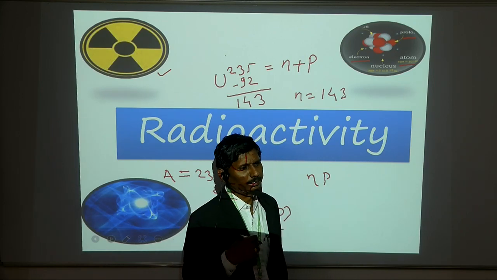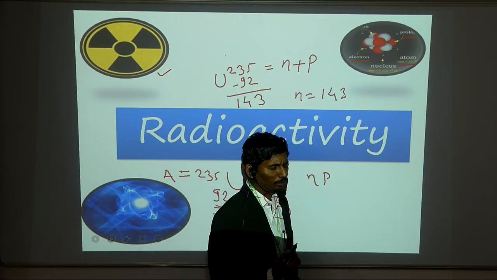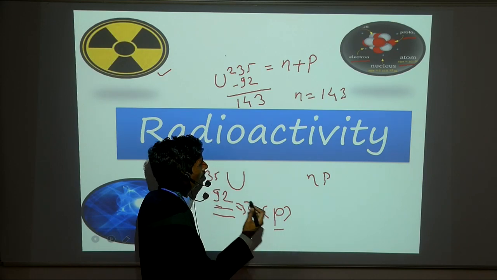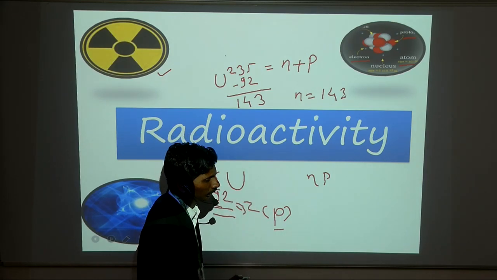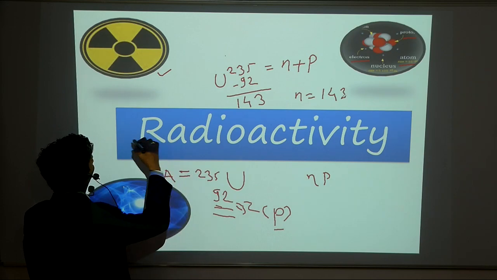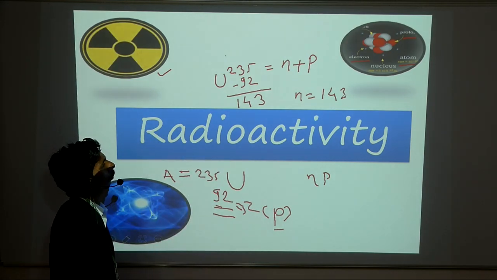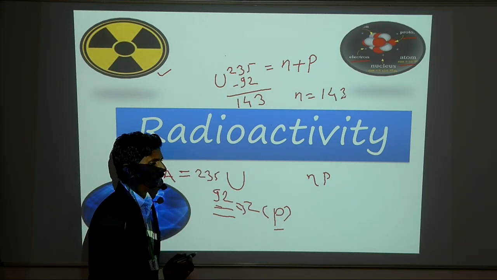Initially it was a natural phenomenon, but when we understood the mechanics and the physics behind radioactive material, we came to artificial radioactivity.